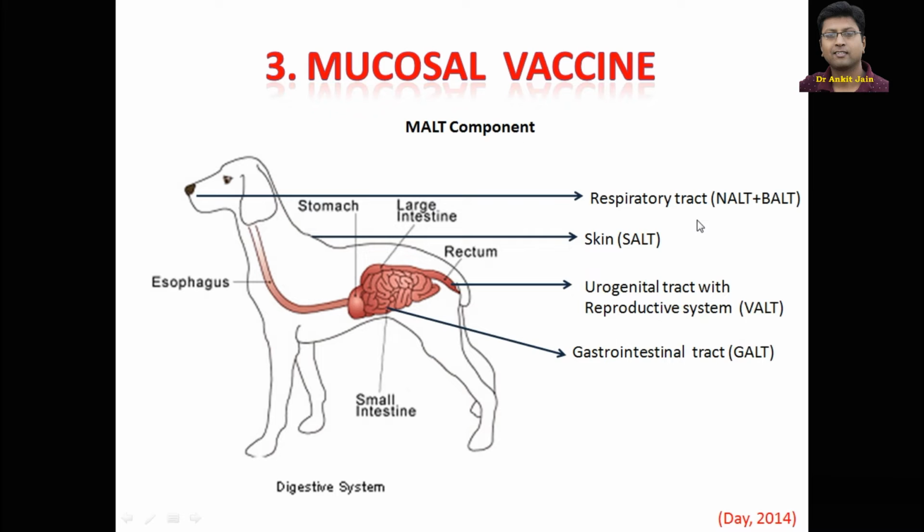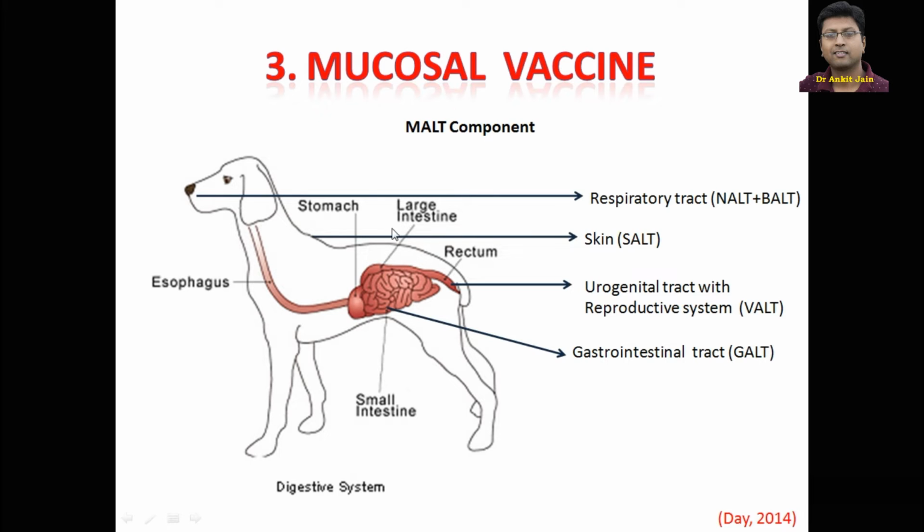Now the third one is the mucosal vaccine. Mucosal vaccine is basically a delivery system, used when any vaccine is to be introduced on the mucosal surface of the body.